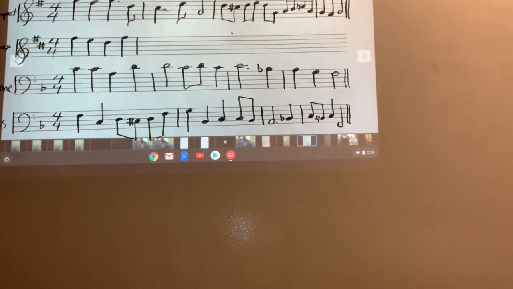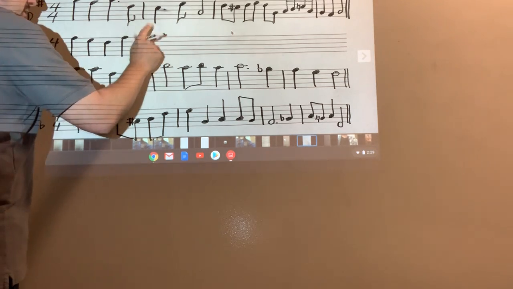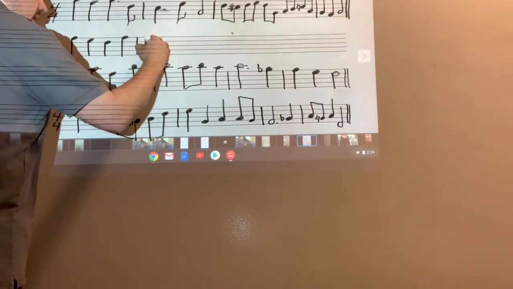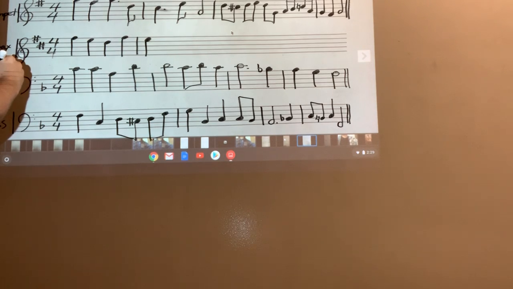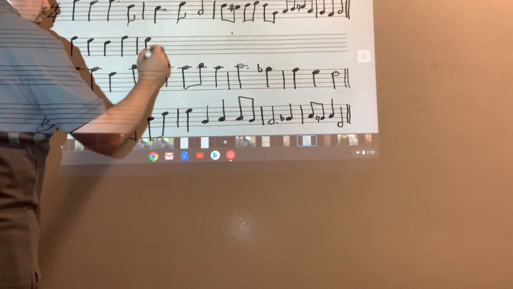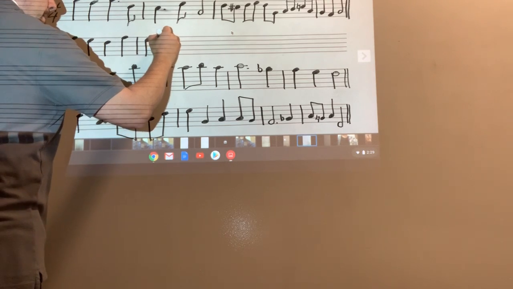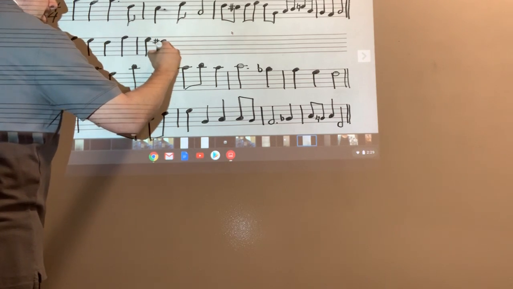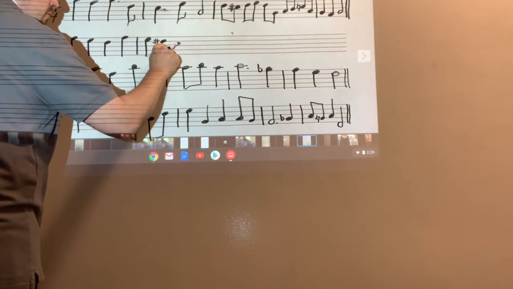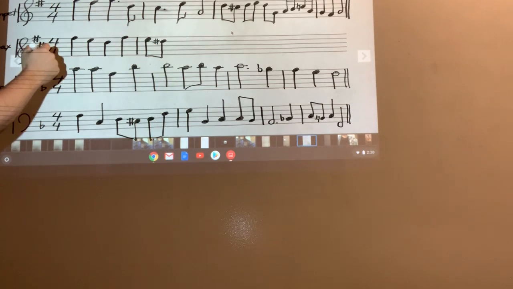Then in the next measure, G goes up to E. These are 8th notes. F sharp is going to go up to D sharp. 1, 2, 3, 4, 5, 6. You're going to leave the sharp on it.